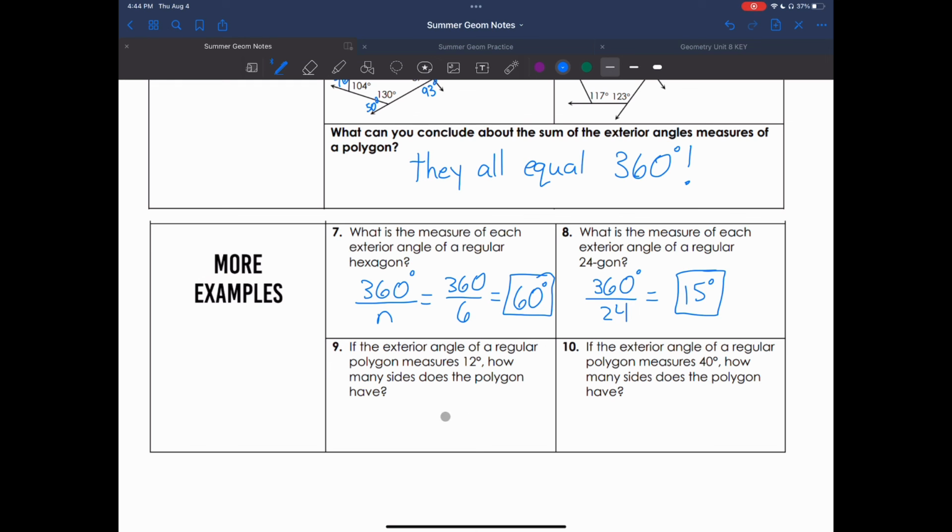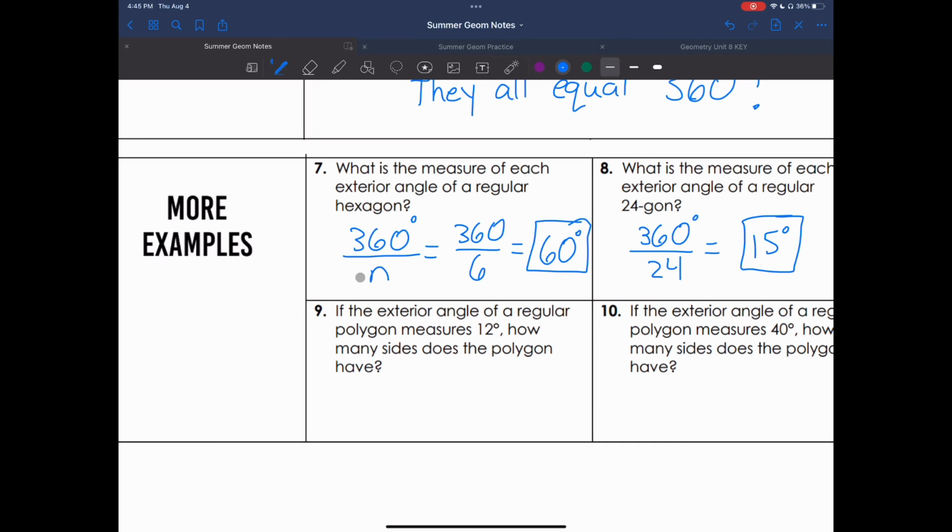So number 9 says, if the exterior angle of a regular polygon measures 12 degrees, how many sides does the polygon have? So they're giving you one of the exterior angles here, and they want you to figure out how many sides that would be. You can actually do this in the exact same way.